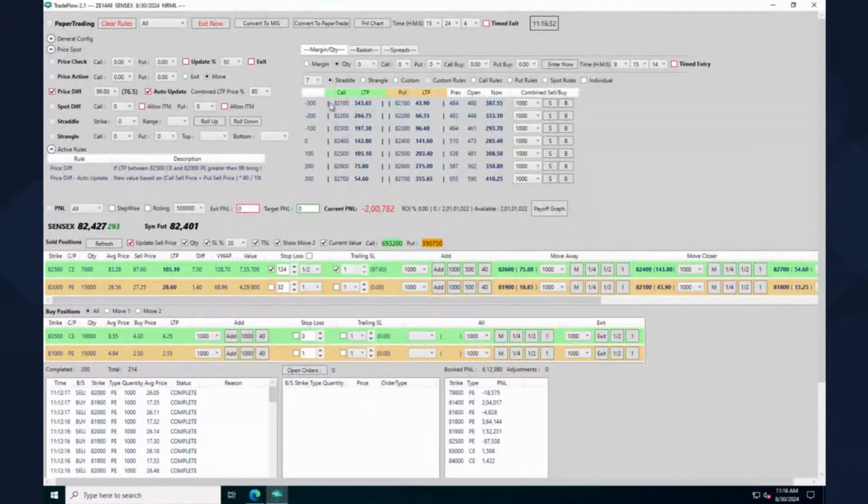If you take this straddle, 144 on the call side, and it's pretty much the same here. But somebody who sees this number gets confused. The synthetic future is pretty much at 82,400. That's the reason these two are pretty much similar. So you were right. I think that would give you some good sense of what's happening.